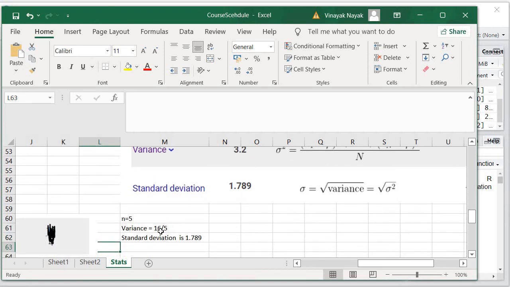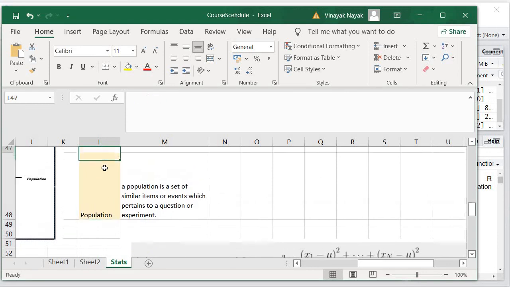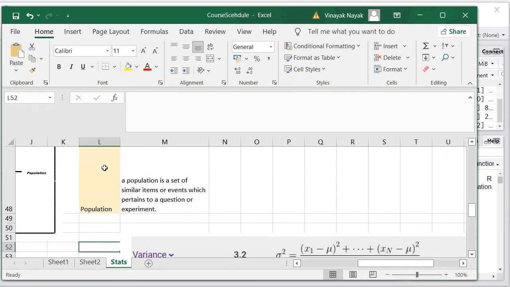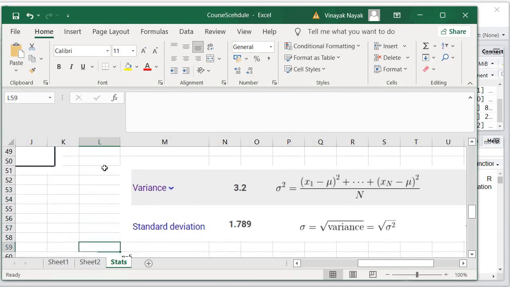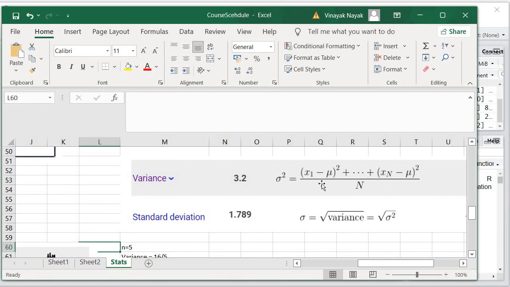We had the value 16 and n is equal to 5. For population, the numerator 16 is divided by n, n is equal to 5.